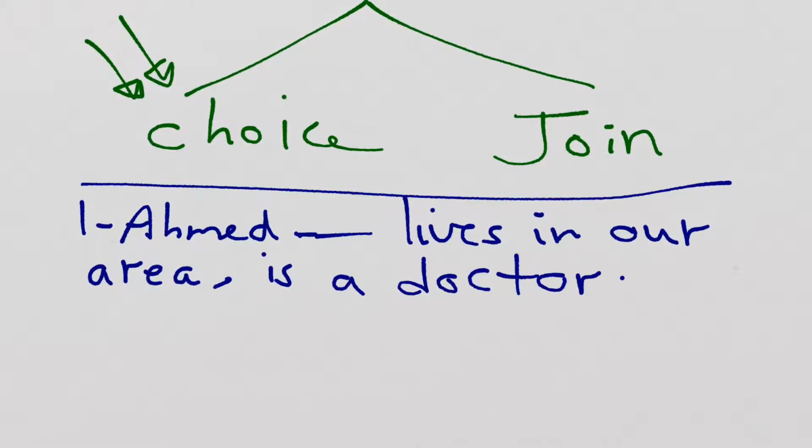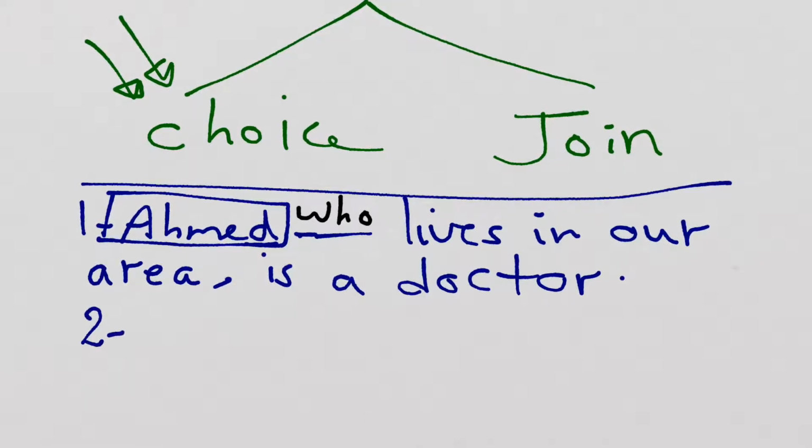Here, which relative pronoun are we going to use? Look at the noun before the space. We have Ahmed. We consider him people. So we use who with people as Ahmed.